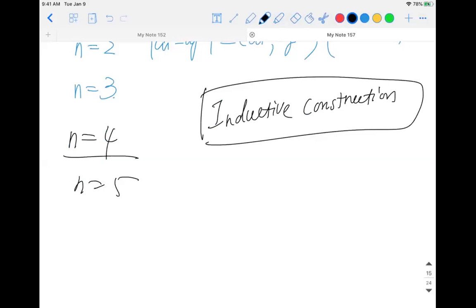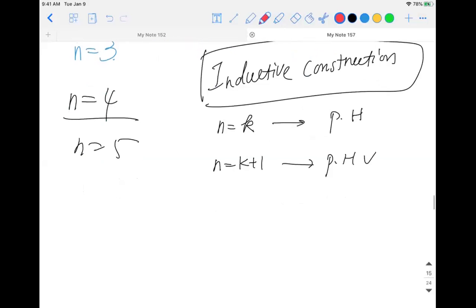Well, the inductive construction goes like this. It's pretty much like the mathematical induction method, which I assume every one of you is familiar with. Whenever n equals k, the property holds, and you want to prove it for n equals k plus 1. The inductive construction method is quite similar.